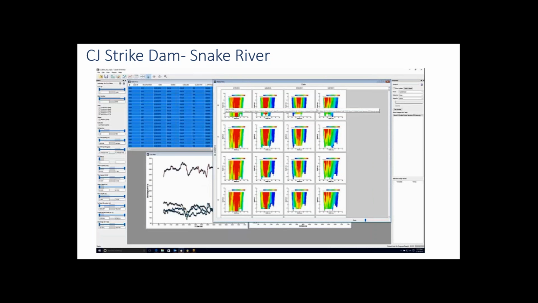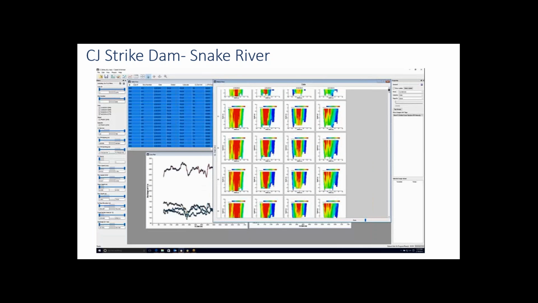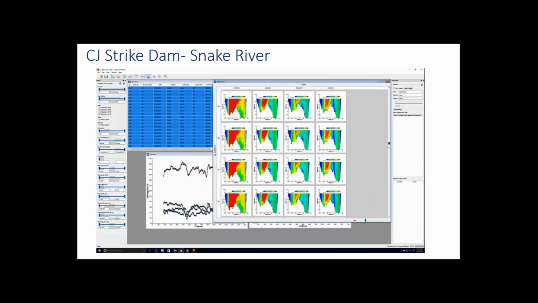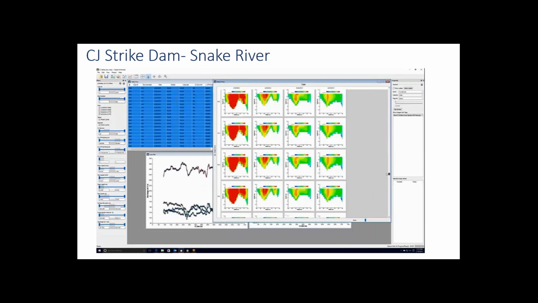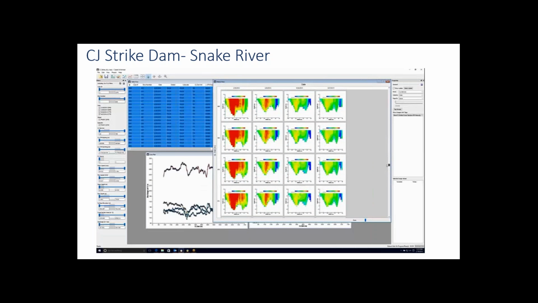Now we're looking at an aspect of the Cubeit software that lets us look at multiple measurements at once. So I think Diana mentioned on the Snake River at CJ Strike there were 4 different data collections. I'll go into more of this with a live demonstration, but different seasons, different flow rates, different water elevations, and now we can look at all the slices.